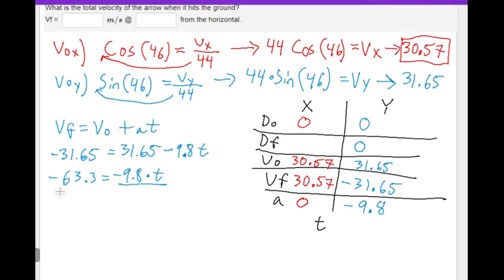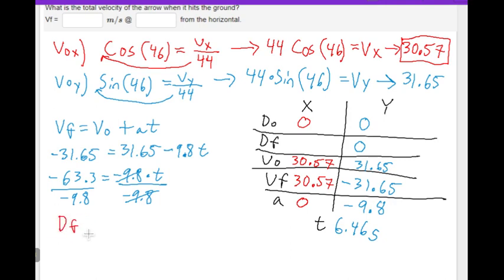Get t by itself, divide by negative 9.8. Doing so, I find out that t should be equal to 6.46. So our time is 6.46 seconds.